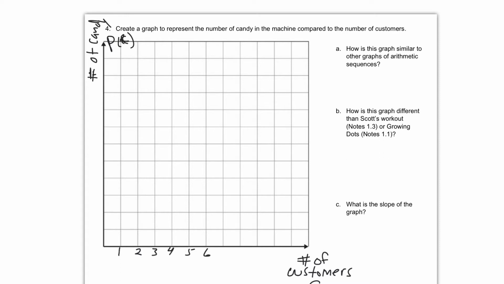And if you take a look at your y-axis, we start at 2,700, and we gradually go down by 7 each time, where our lowest number we have in our table comes from 6 customers, which is 2,658.